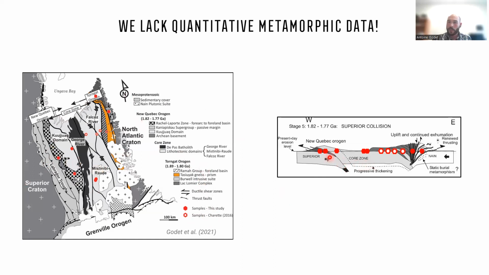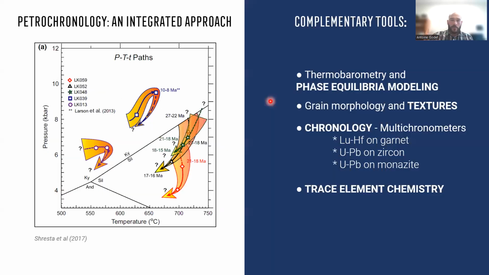If we look at that in a cross-section, we try to sample the different blocks to assess the metamorphic timing and style. When I talk about metamorphic style, I'm basically talking about a petrochronology approach. So it's an integrated approach.